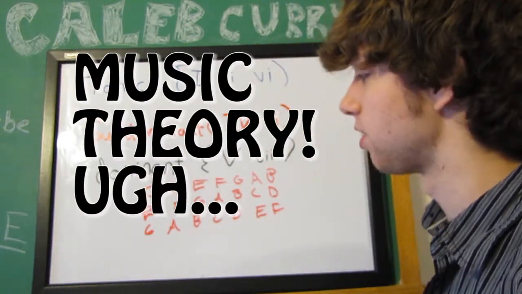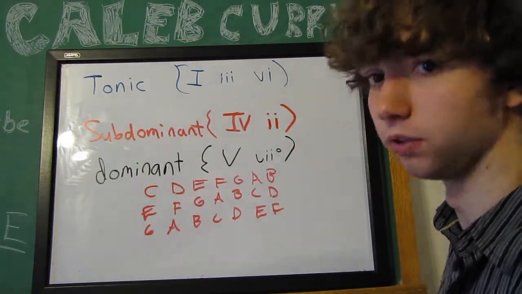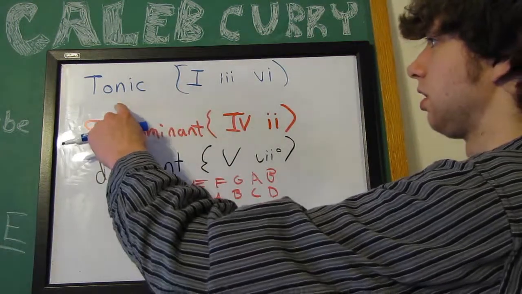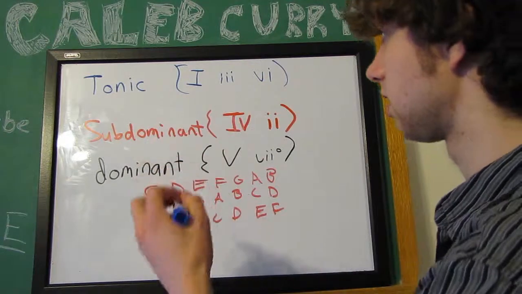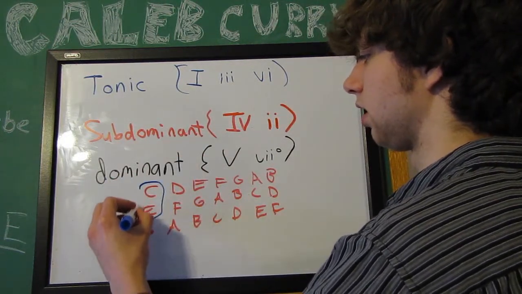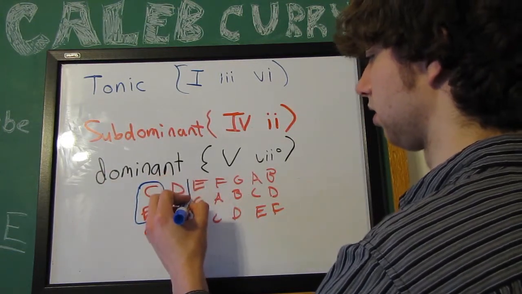I just wanted to review what I had taught you in the last lesson about chord families. We have the tonic, which has the first, third, and sixth. The reason for this is we have C and E, which fit nicely with the third chord.